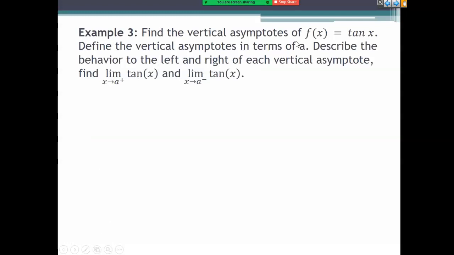Okay, how about tangent? What do you know about tangent? Yeah, so it has a bunch of infinite vertical asymptotes though, correct? Exactly, once every period. So tangent, what's your denominator of tangent to find the vertical asymptote?